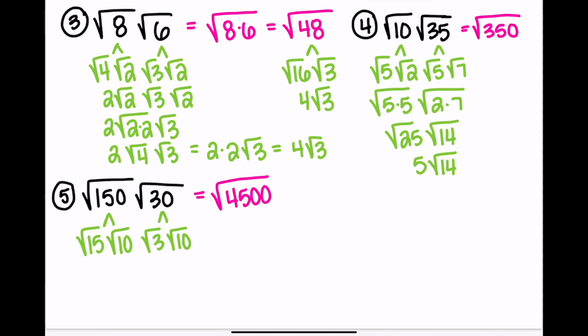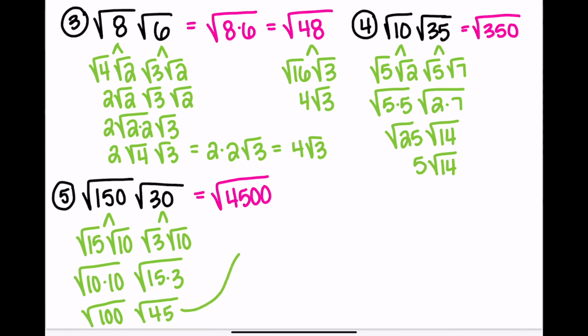All right, well now I can rearrange these in any order that I want and multiply them together. So I'm going to do the 10 times 10, and then the 15 times 3. So the square root of 10 times 10 would be the square root of 100, and then we have the square root of 45. Well, we're not quite done. We want to keep on going.